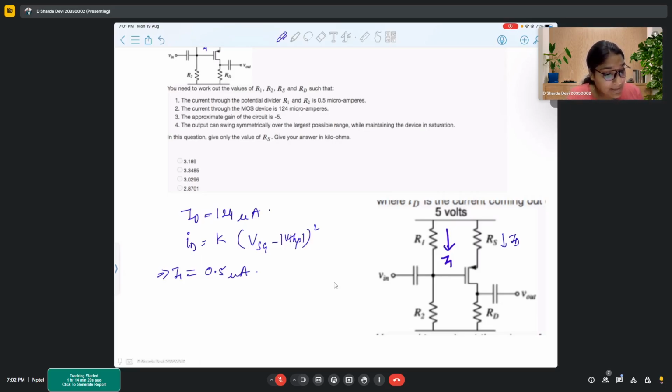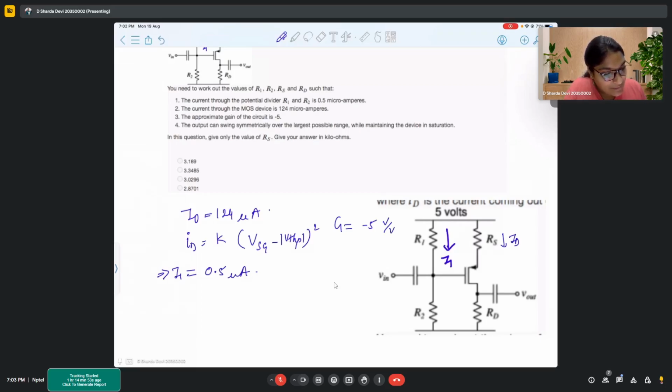The maximum gain of the circuit is given, let's say G, it is given that it is -5. So it's not that straightforward because it has RS as well. But yeah, maximum gain is 5, volt by volt.